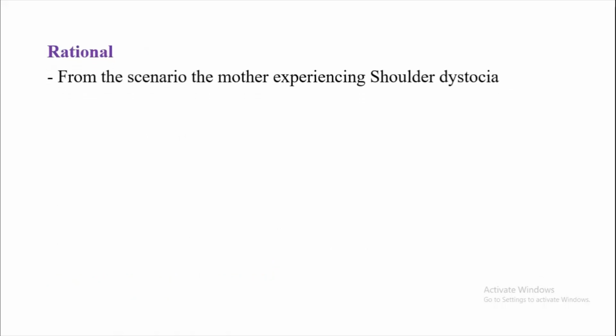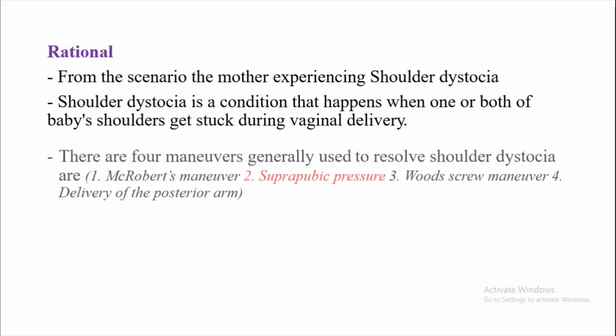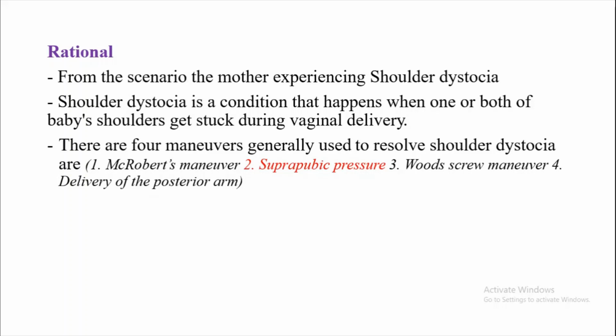From the scenario, the mother is experiencing shoulder dystocia. Shoulder dystocia is a condition that happens when one or both of the baby's shoulders get stuck during vaginal delivery. There are 4 maneuvers generally used to resolve shoulder dystocia.